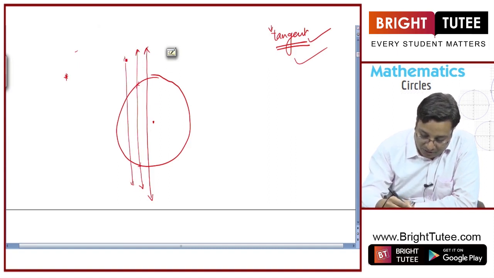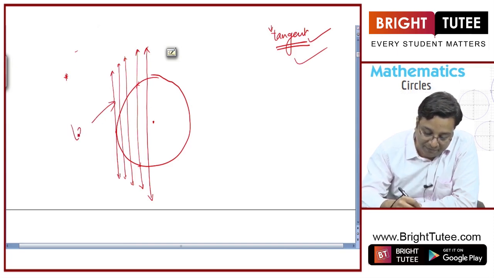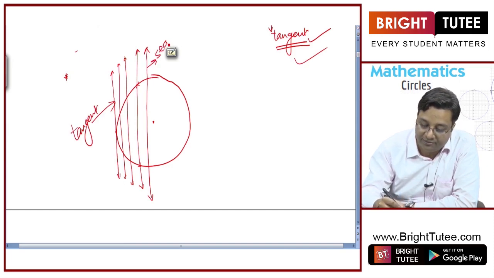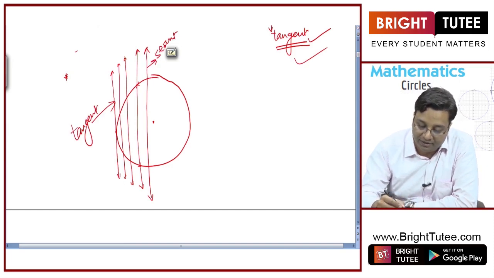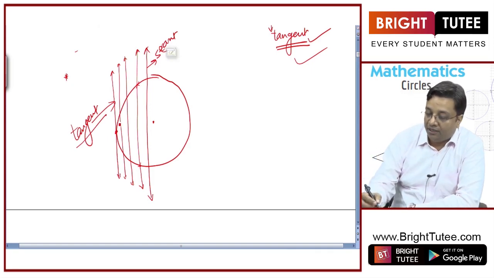But when you reach at this point here, this secant will touch the circle at only 1 point. Now that secant has become the tangent, right? These are secants. Now this is my tangent, okay, and this touches the point of contact, okay.